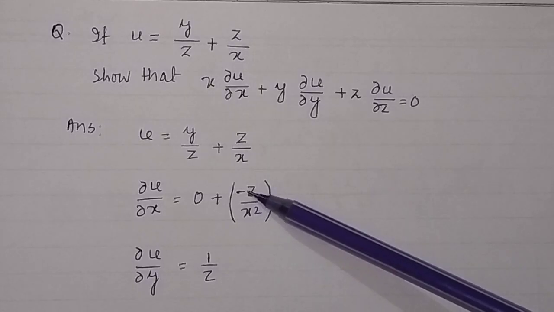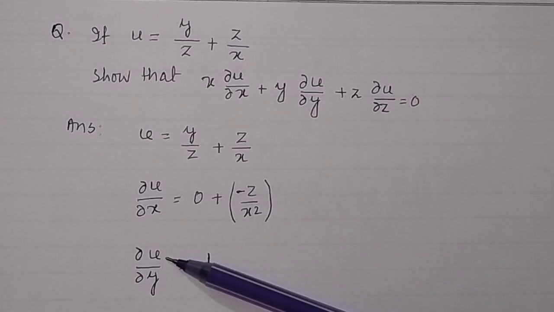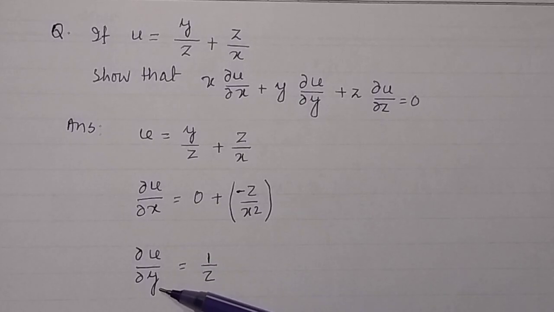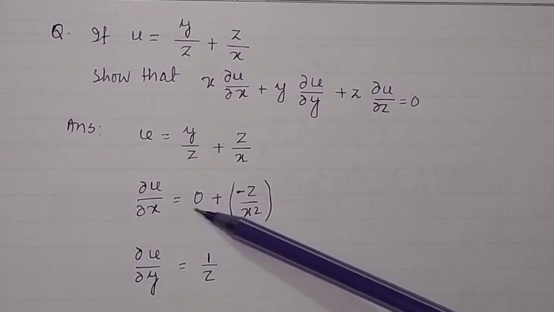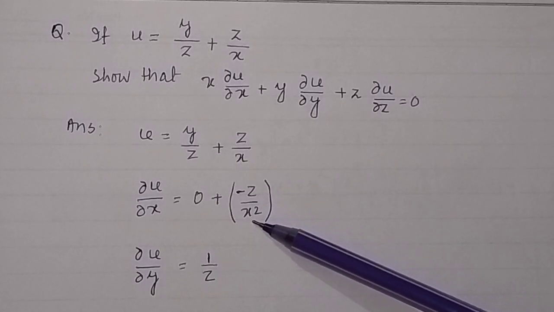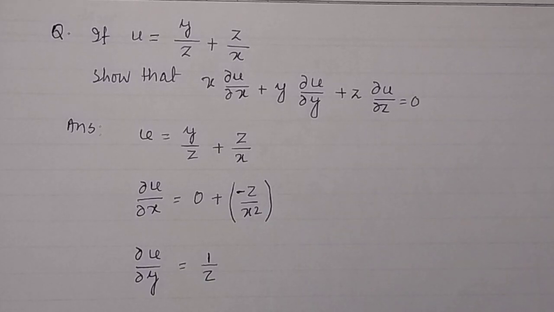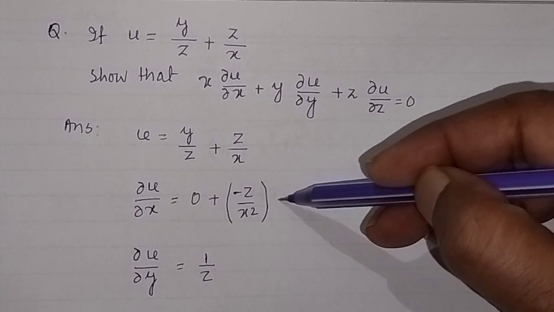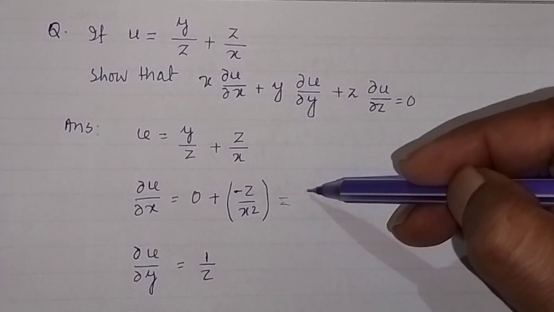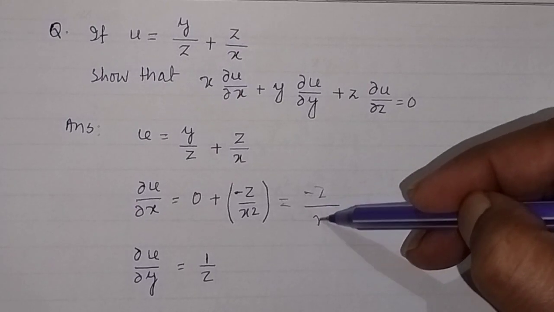This will be equal to minus z divided by x square. So in this way, the partial derivative of u with respect to x is equal to minus z divided by x square.